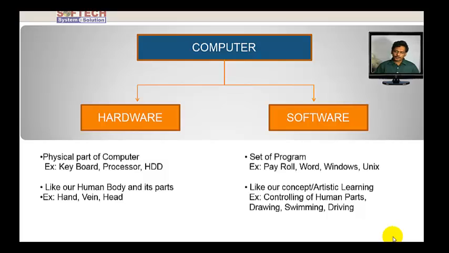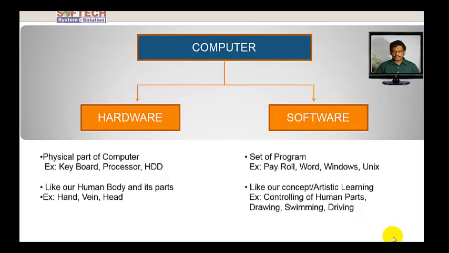Similarly, computer also has two divisions. One is hardware and another one is software. Hardware is a physical part of computer like keyboard, mouse, monitor, RAM, hard disk. These are all the hardware parts of the computer. We want to control, coordinate and manage these parts by some software.